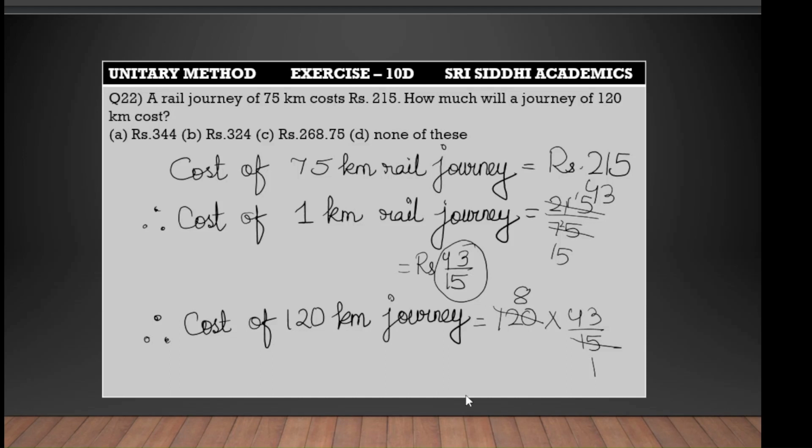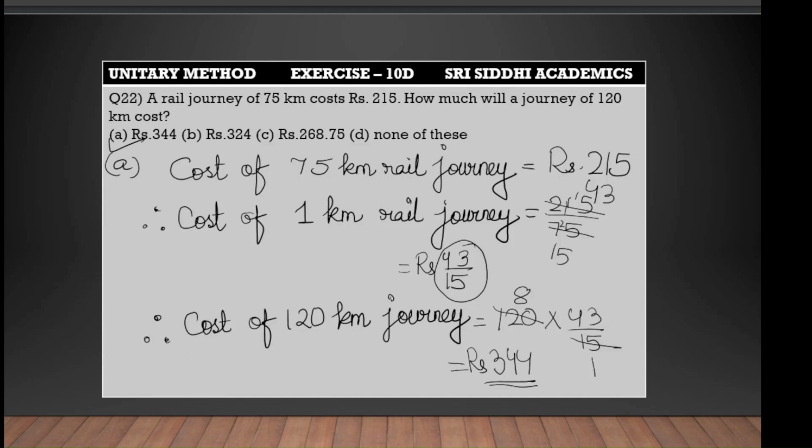So let's leave it like this. Now multiply 8 with 43. 8 threes are 24. 2 gets carried over. 8 fours are 32. 32 plus 2 becomes 34. So the cost of a 120 kilometer journey is rupees 344. So option A is the answer for question number 22.